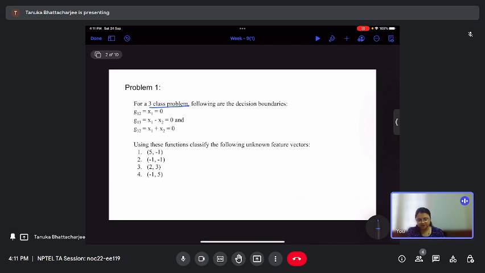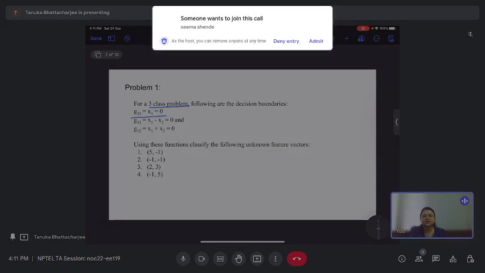So the 3 equations are given. G12 is the decision boundary between classes 1 and 2, or omega 1 and omega 2, and that decision boundary is given by x1 equal to 0.